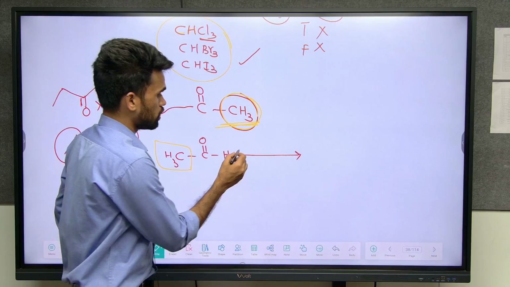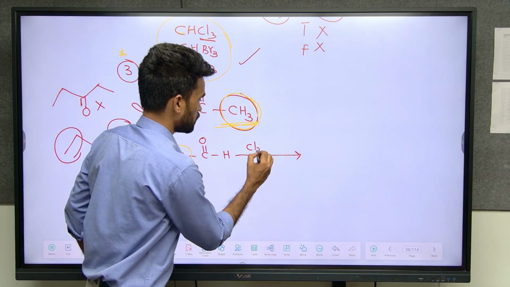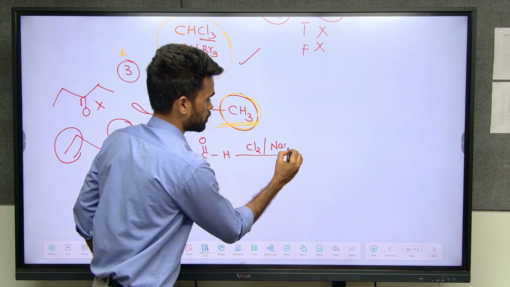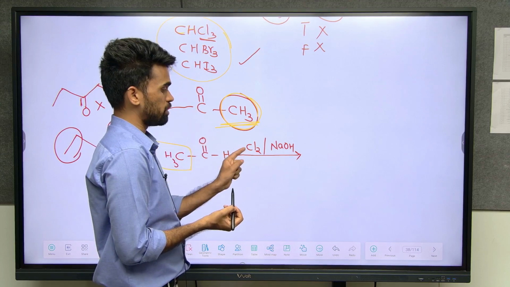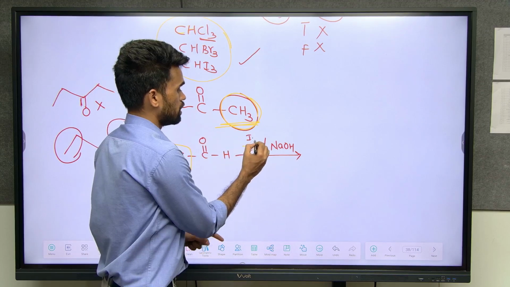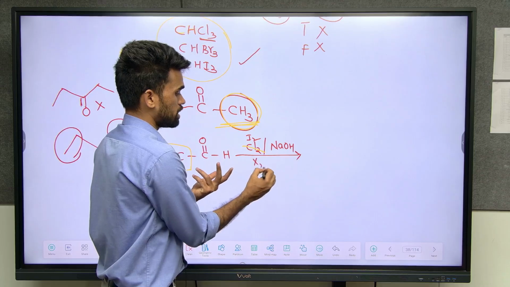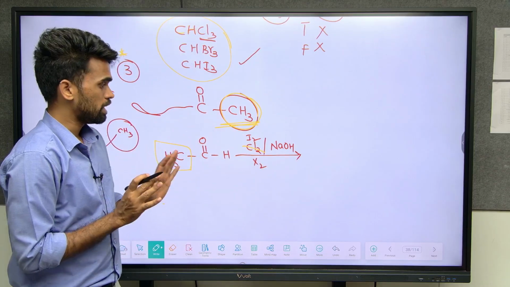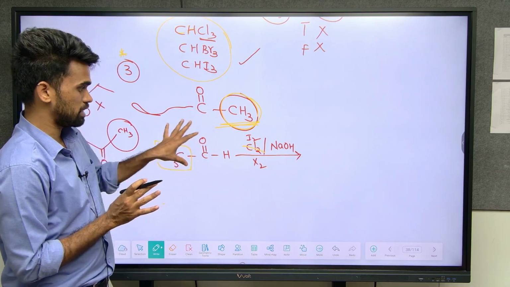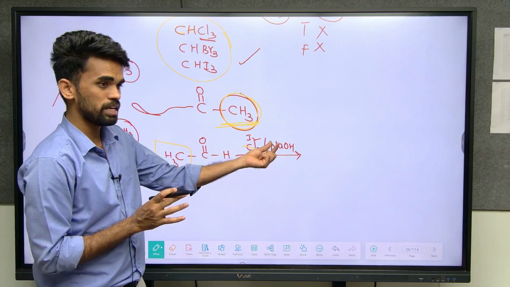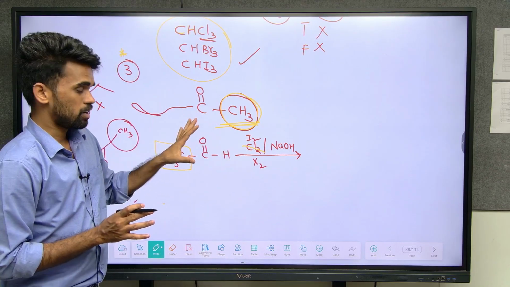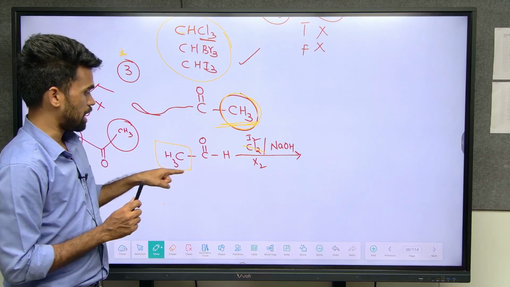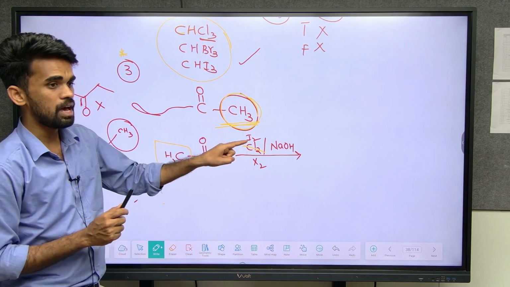Okay. Now you are treating this with chlorine in basic medium, or see, chloroform means chlorine I can take. Iodoform means I should take here iodine, or simply any halogen means X2 you can confirm. Okay. In the question they will mention like this compound here X2, NaOH. So into your brain what concept should you get? Methyl hydrogen we have, so definitely haloform reaction.